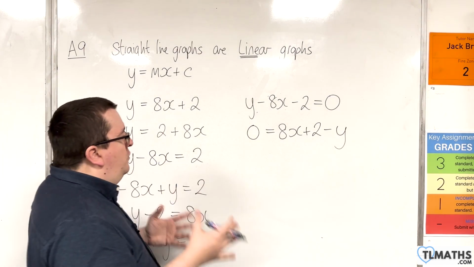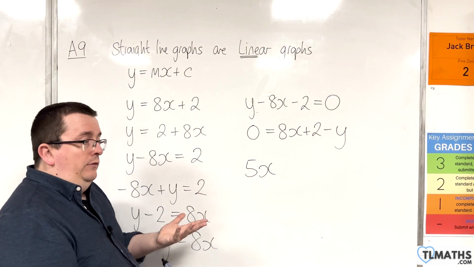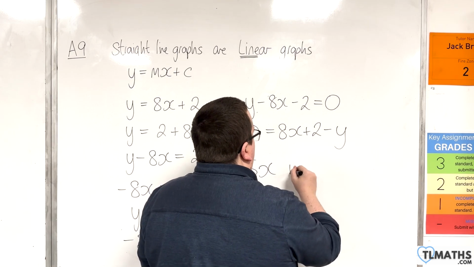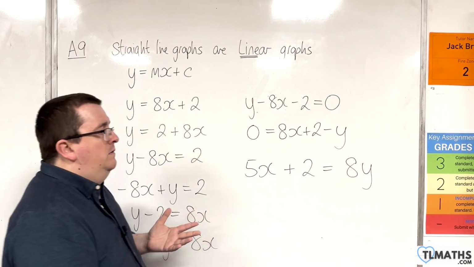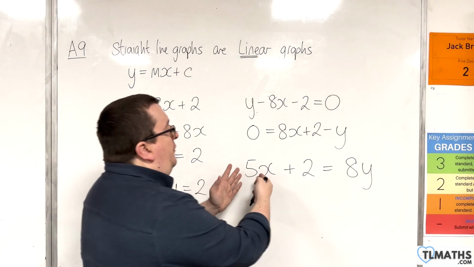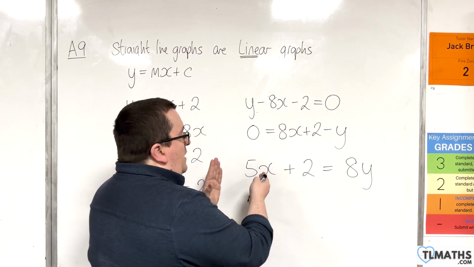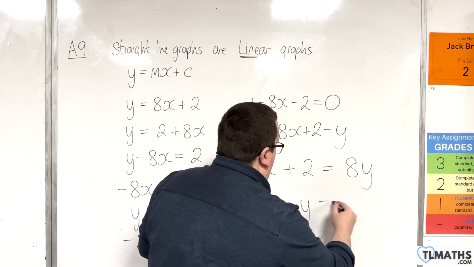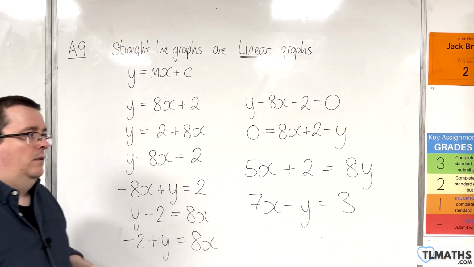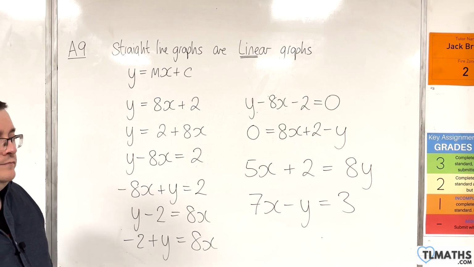As long as you've got something x and something y, and they're not multiplied together or anything. They could be on two sides or they could be on the same side. Okay? These are straight line equations.